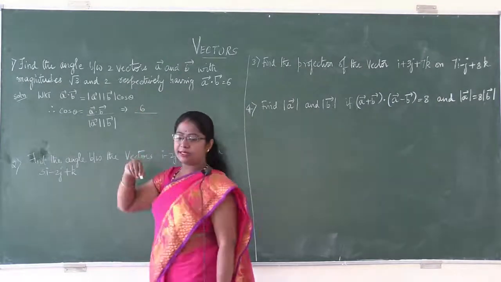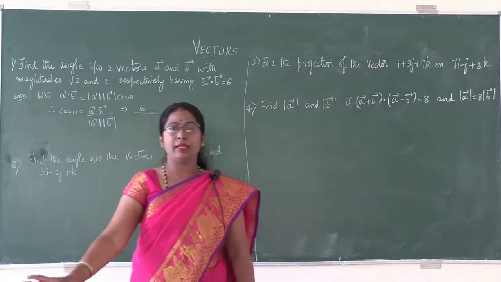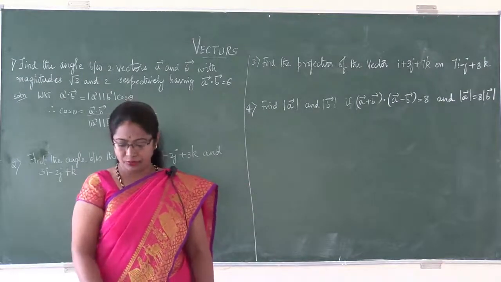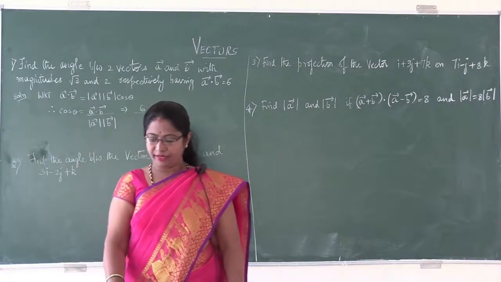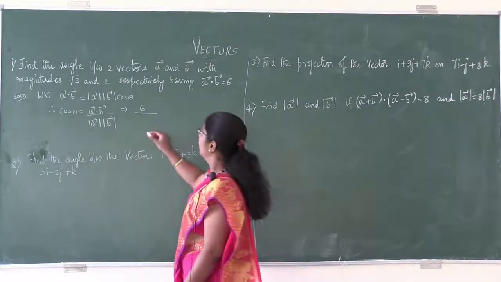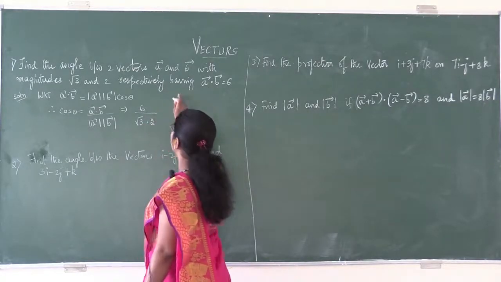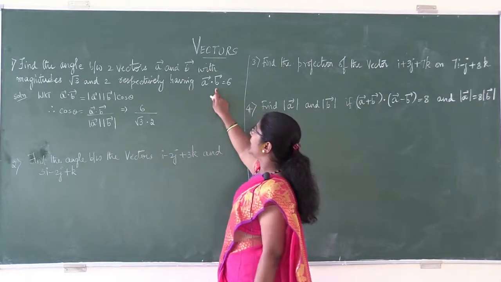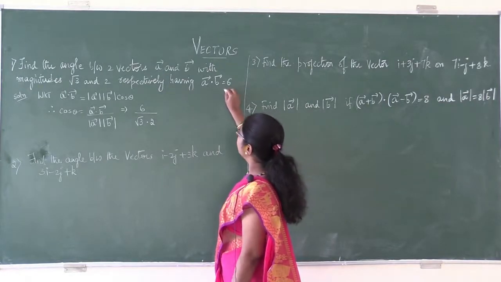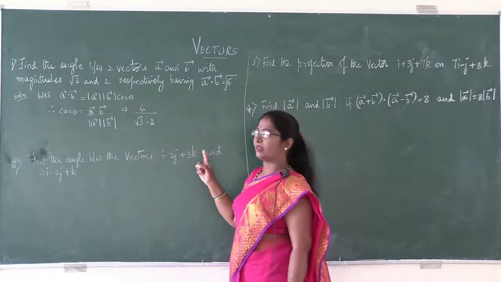And what is magnitude of vector A given? Magnitude of vector A is root 3 and magnitude of vector B is 2. This is root 3 and this is 2. So A dot B is not 6, it is root 6. So please make a correction here.